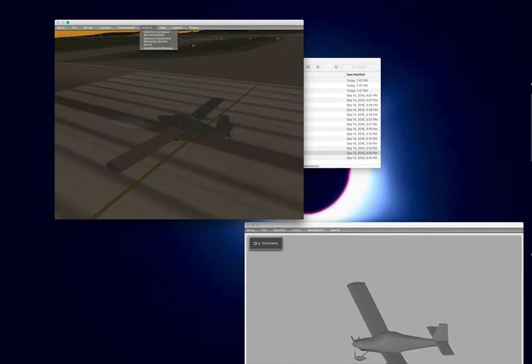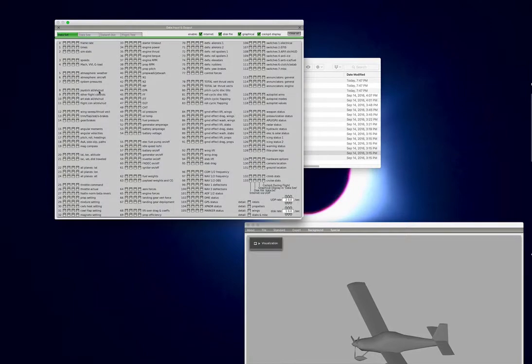Data input, output on the settings. So if I go here, distance traveled, I can measure that. I can go to vertical forces, gear vertical forces, and I can go to speeds.